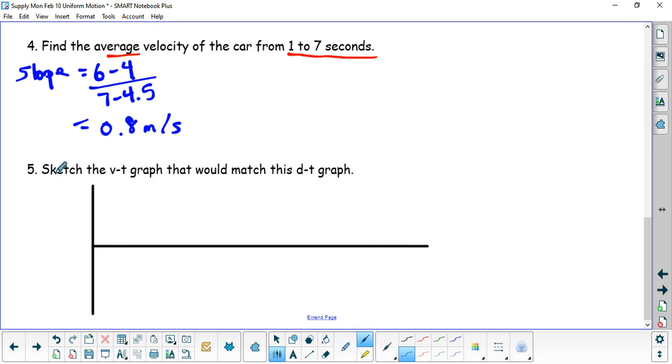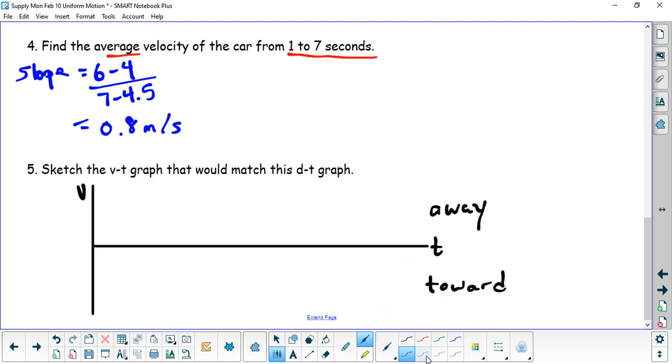But the first thing I'm going to do is draw an axis, and then I'm going to put a V and a T. Now remember, when we deal with velocity, anytime we're moving away, we are above the line. Anytime we're moving towards, we are below the line. And that's because positive velocities are away and negative velocities are towards, because velocity is a vector.